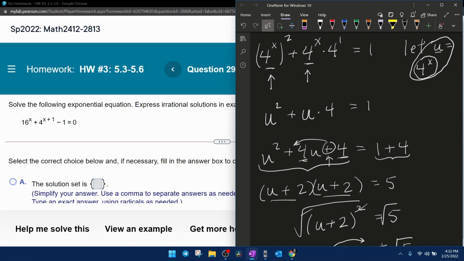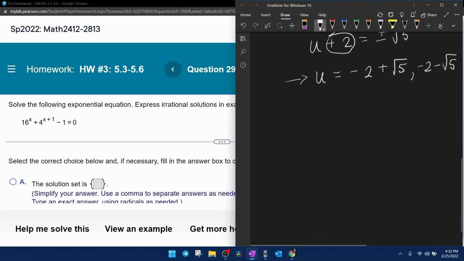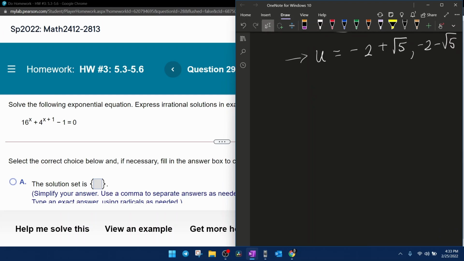So recall we said let u equal 4 to the x. We are now going to substitute for u and put it back in terms of x: 4 to the x equals negative 2 plus square root of 5, and we're also going to have 4 to the x equals negative 2 minus square root of 5.